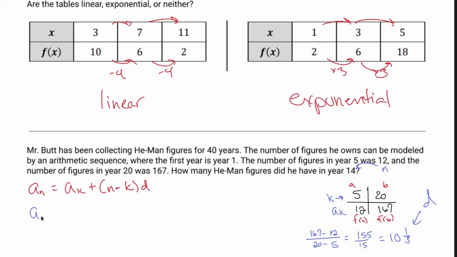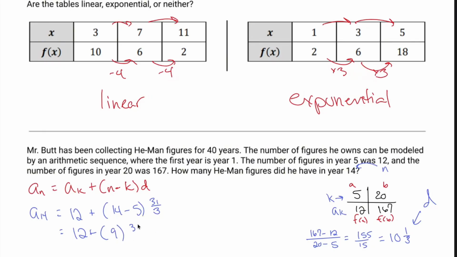So a sub 14 is going to equal a sub k, which is 12, plus n, which is 14, minus k, which is 5, times the common difference, which is 10 1/3. I'll write that as 31 over 3. So that's 12 plus 9. Oh, this will work out.